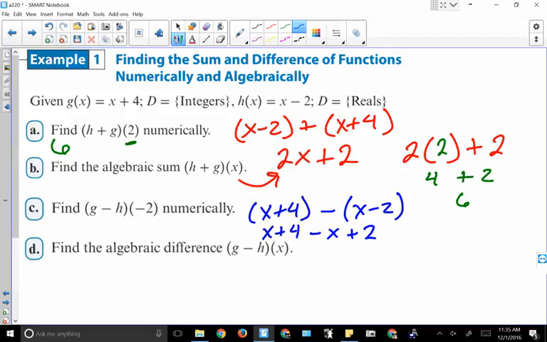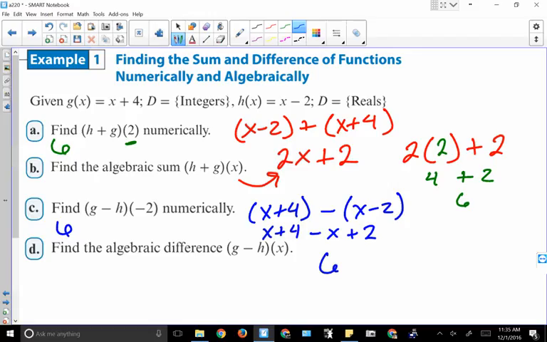How many x's do I have left? I have 0 x's. I have no x's left. So what am I going to get out of this when I put 4 and 2 together? What do I get? I just get 6. That's all I get. So that means that this here will be 6.